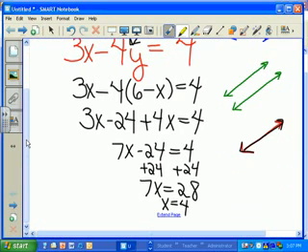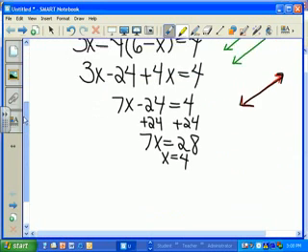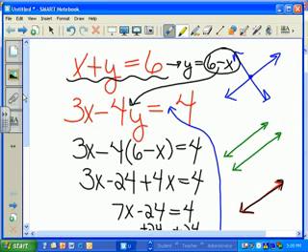We're going to take this answer, x equals 4, and plug it in back up all the way at the top. So we had y equals 6 minus x, and now we know what x is, don't we? y equals 6 minus 4, so now we know that y is 2.